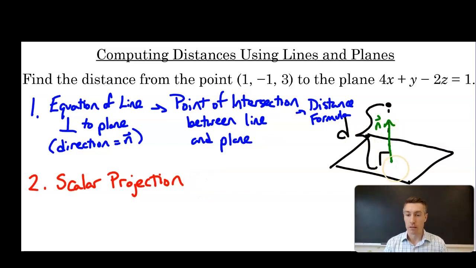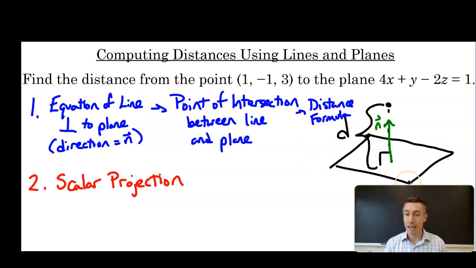Well, we already have one vector in our diagram, which is a normal vector, which happens to be right over that distance that we're looking for. So that's really helpful because the normal vector can serve as the vector we're projecting onto, right? Now the question is, what vector are we projecting onto that normal vector?